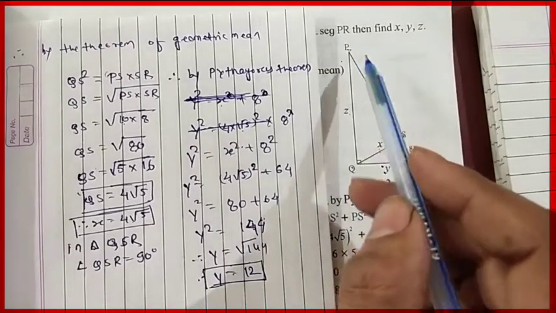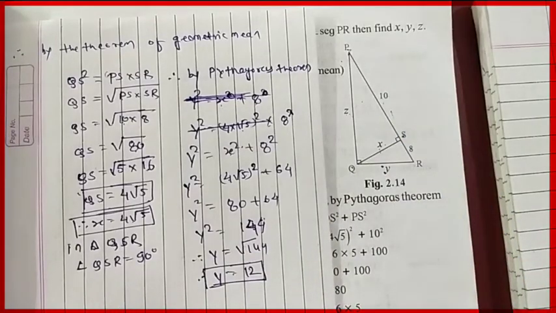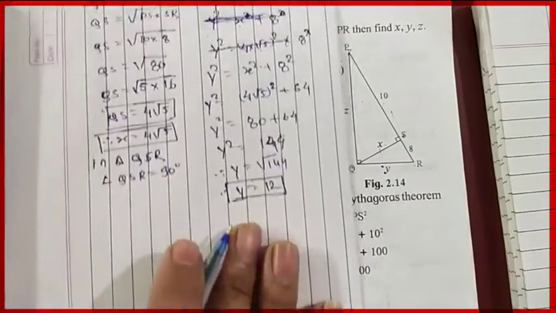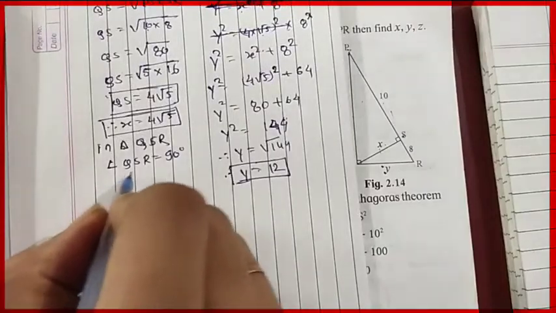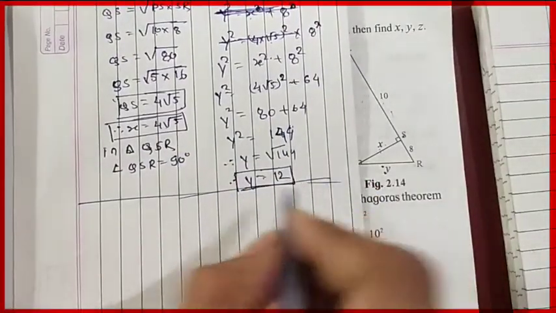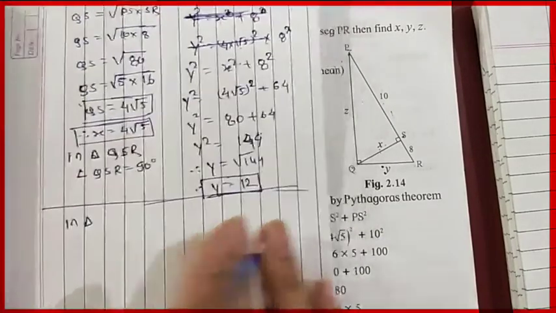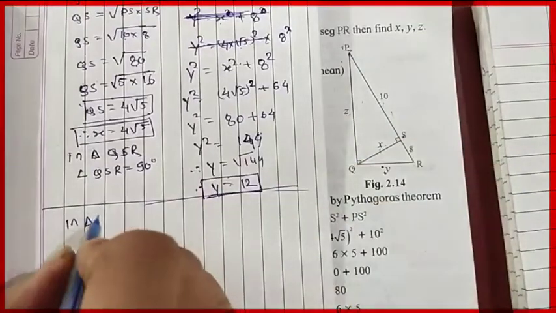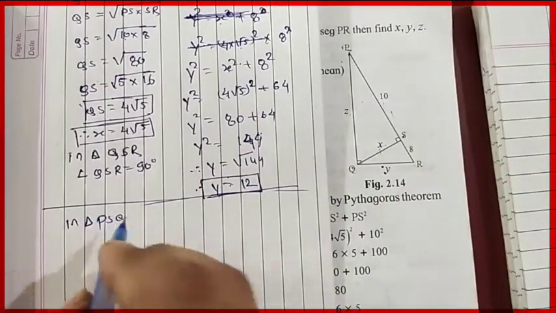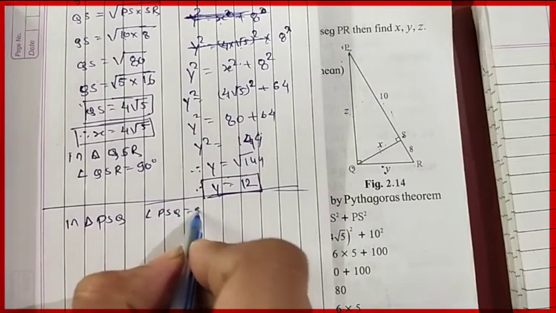So, in triangle PSQ, see, this is the first part, this is the second part, and this is the third part. In triangle, which triangle? PSQ. Angle PSQ equals 90 degrees.